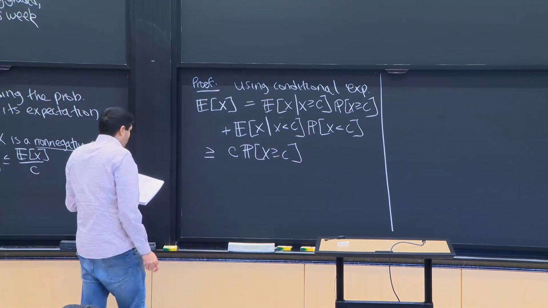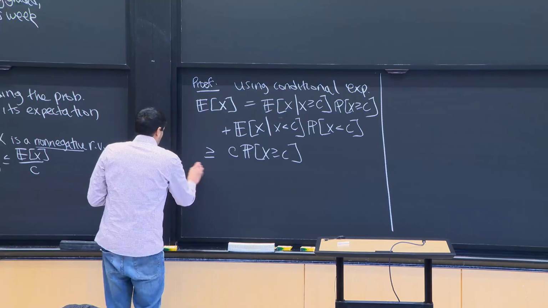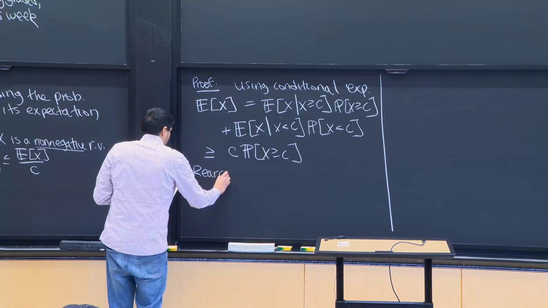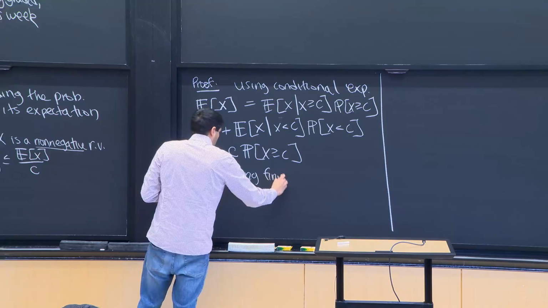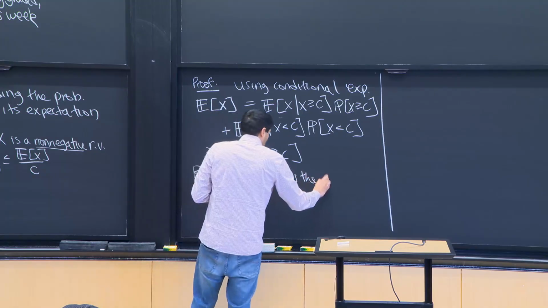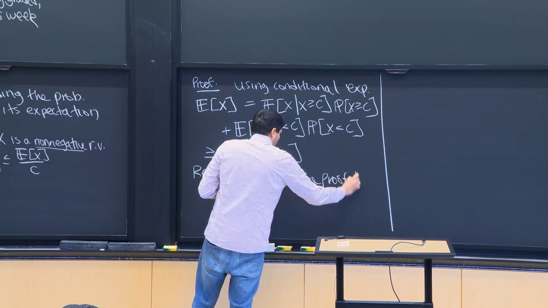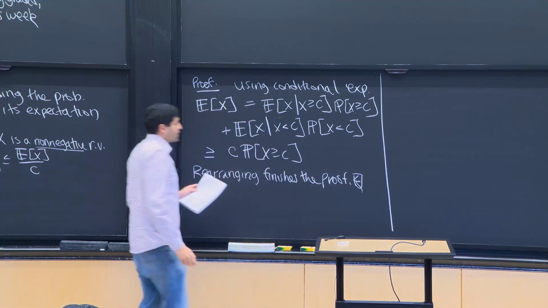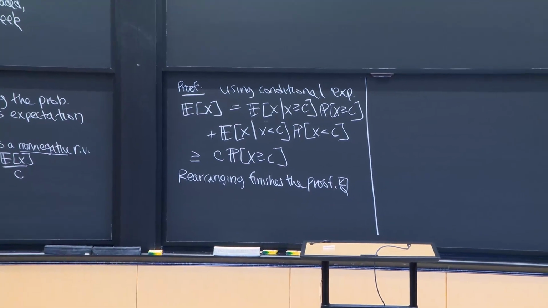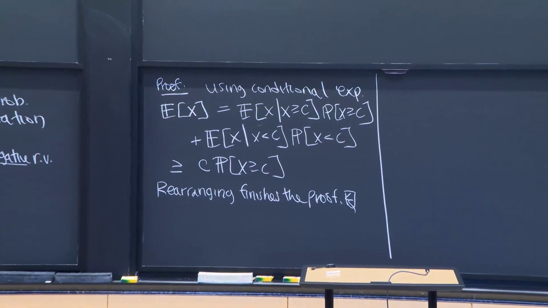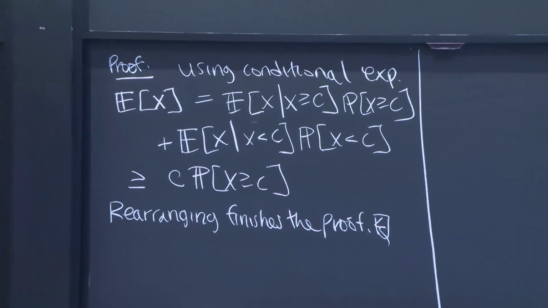And so now I can just rearrange to finish the proof. That's it. So that's our first tail bound. Our tail bounds will get a bit more sophisticated from this, but this already gives us some rudimentary understanding of the probability that x is very, very large.